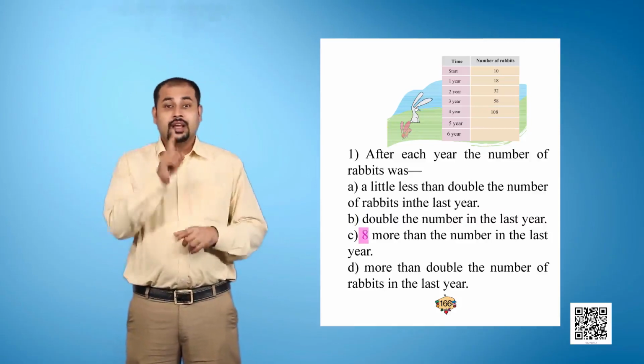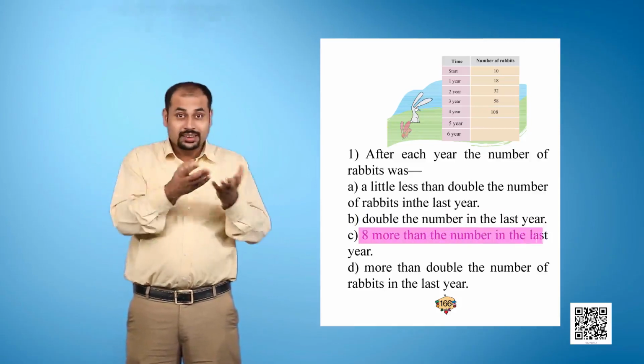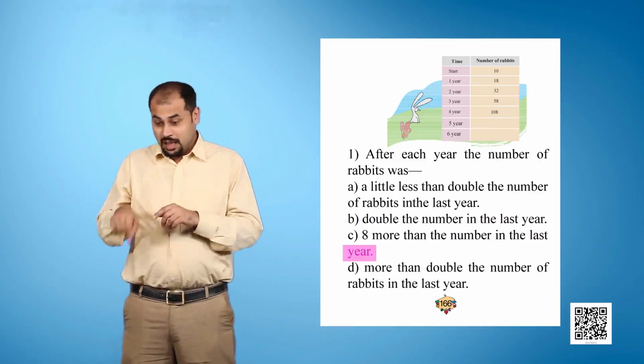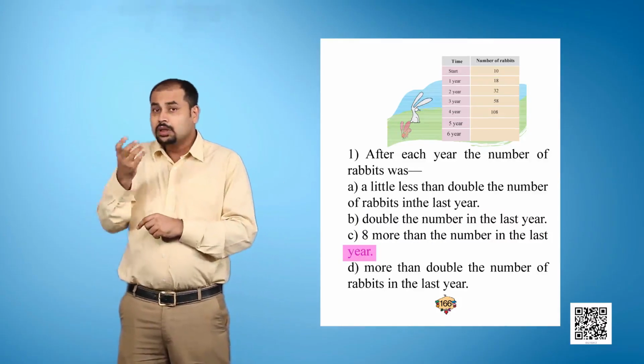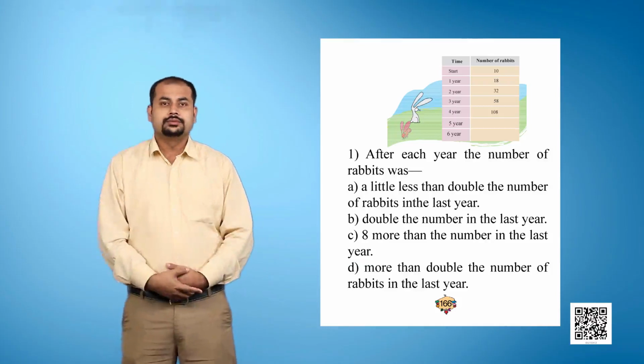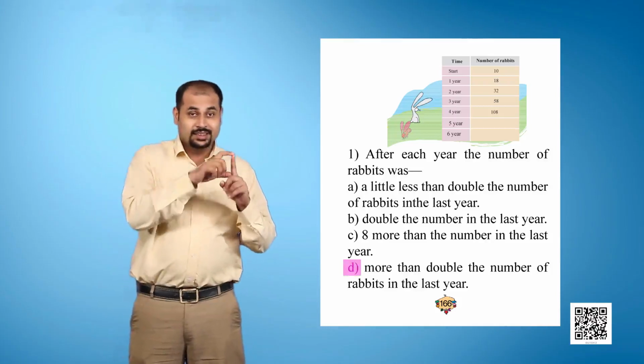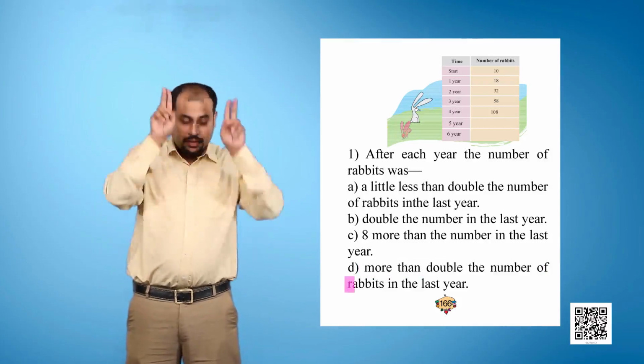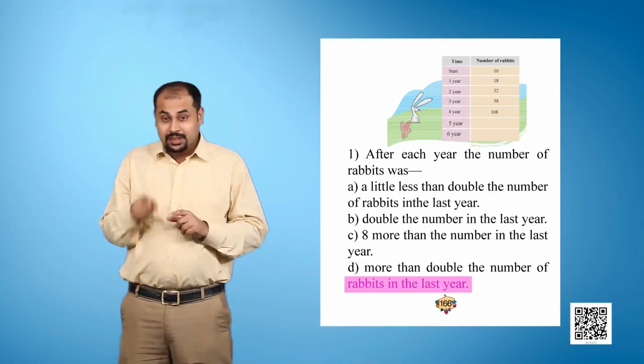C. 8 more than the number in the last year. Or D. More than double the number of rabbits in the last year.